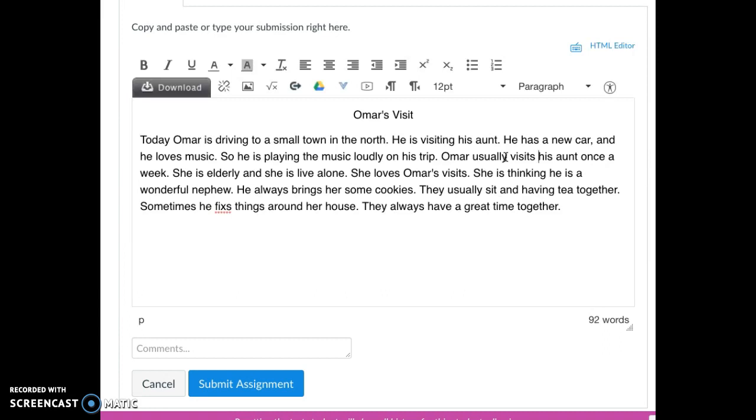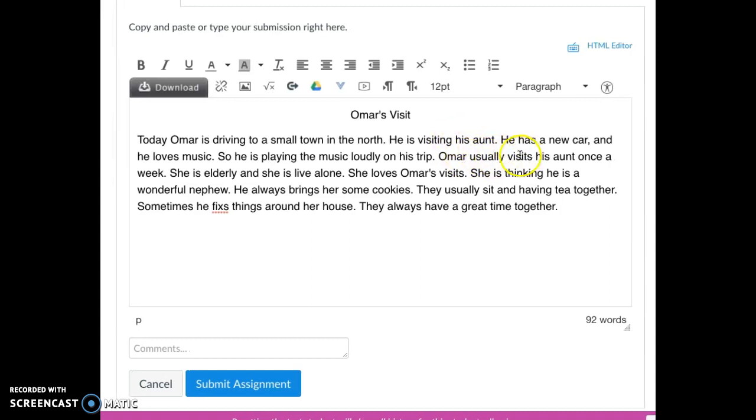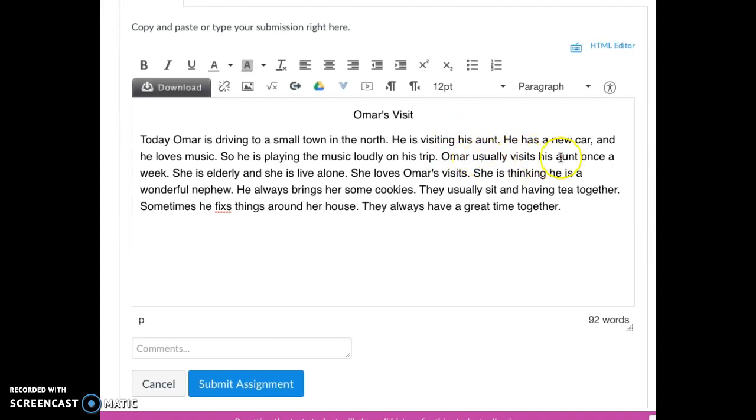That was a little tricky, but you did do a homework where you practiced the order of those frequency adverbs. That's on page 10, where you talk about always, usually, often, frequently. That page talks about the order of where you put this adverb and the verb. So Omar usually visits his aunt once a week.